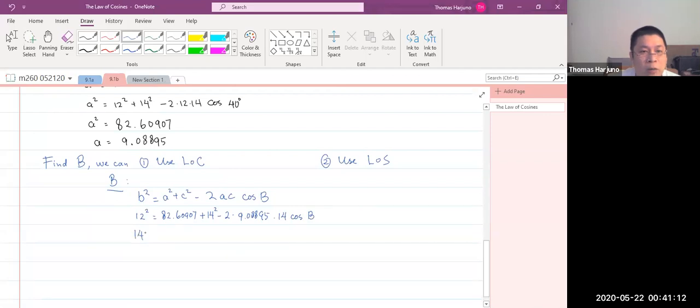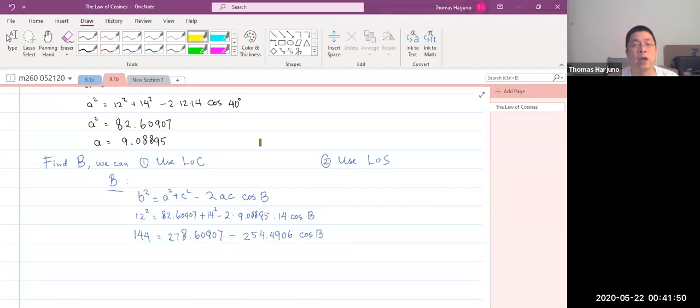Okay, so this is 144. Let me see, what is it here? 82.60907 plus 14 squared is 278.60907 minus 254.4906 cosine B.